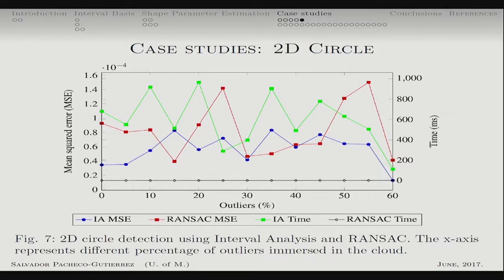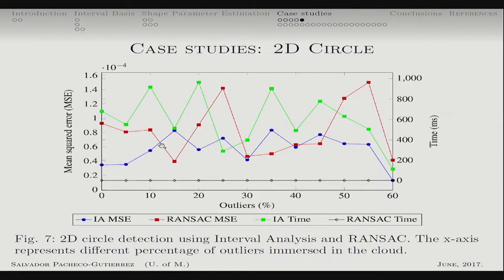So we have some comparison as well, as I mentioned earlier, with the RANSAC method. I don't know if I will try to explain this graph. I tried to put everything in the same one. The left y-axis represents the mean square error, and the lines with regards to that axis are the blue one and the red one.